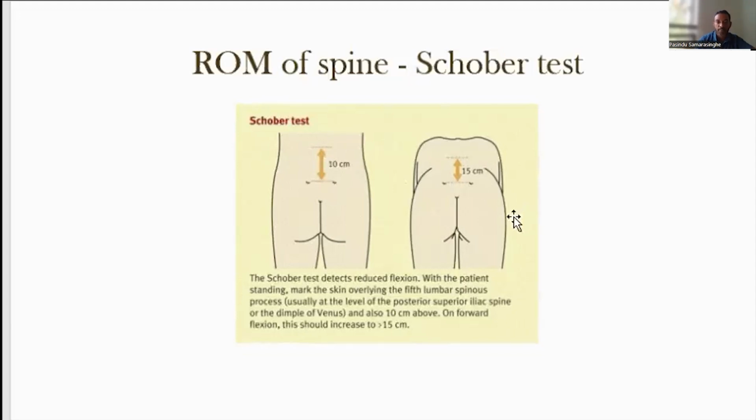Then you ask the patient to bend fully without bending their knees to see the range of motion of the spine. The 10 centimeter mark should go above 15 centimeters. If it is less than 15 centimeters, we say the patient has a positive Schober's test, and this indicates that the patient's spinal flexion is diminished, and it's an indication of spinal involvement.